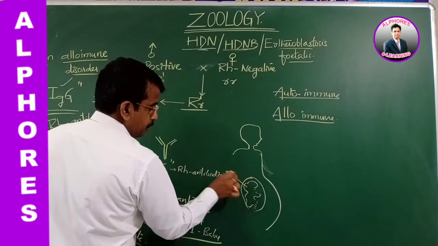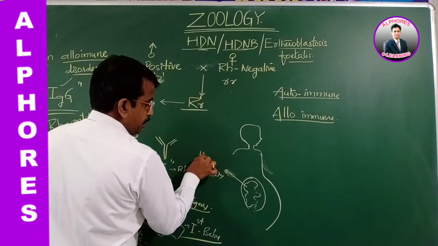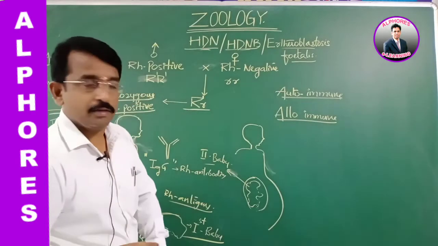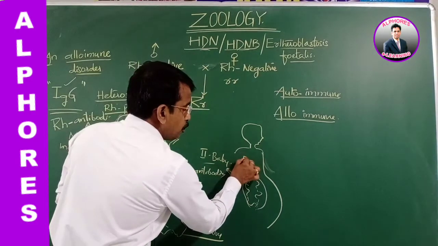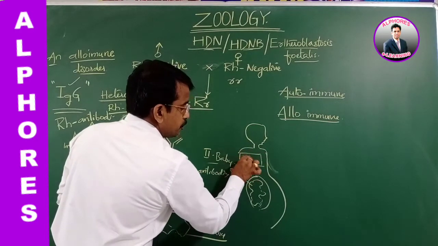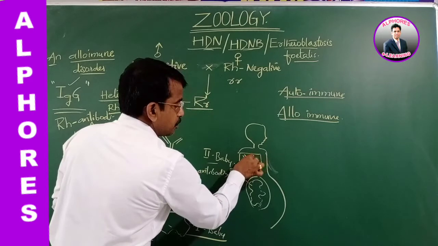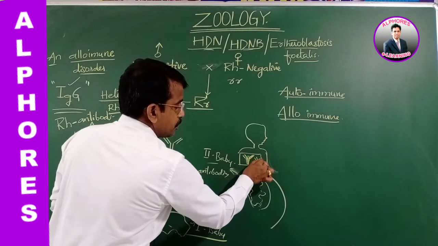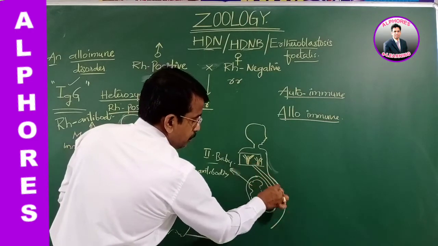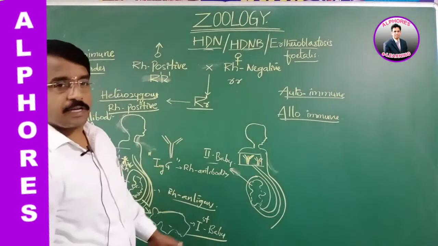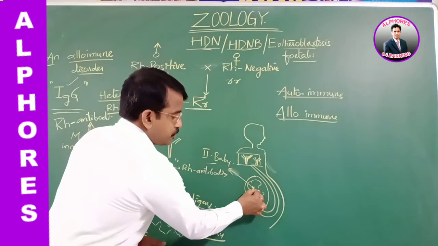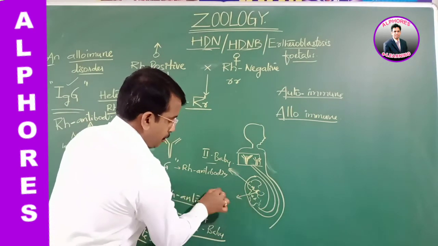The second baby is growing inside the mother. The mother's immune system is already sensitized and the Rh antibodies are there. Look here, these are the Rh antibodies, and this fetus, the second generation baby, is Rh positive. Again Rh antigens are there.